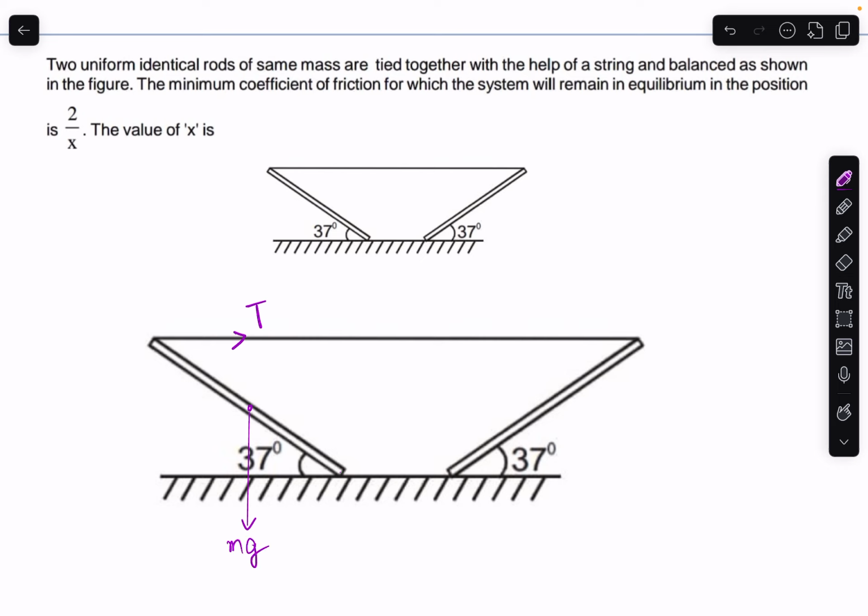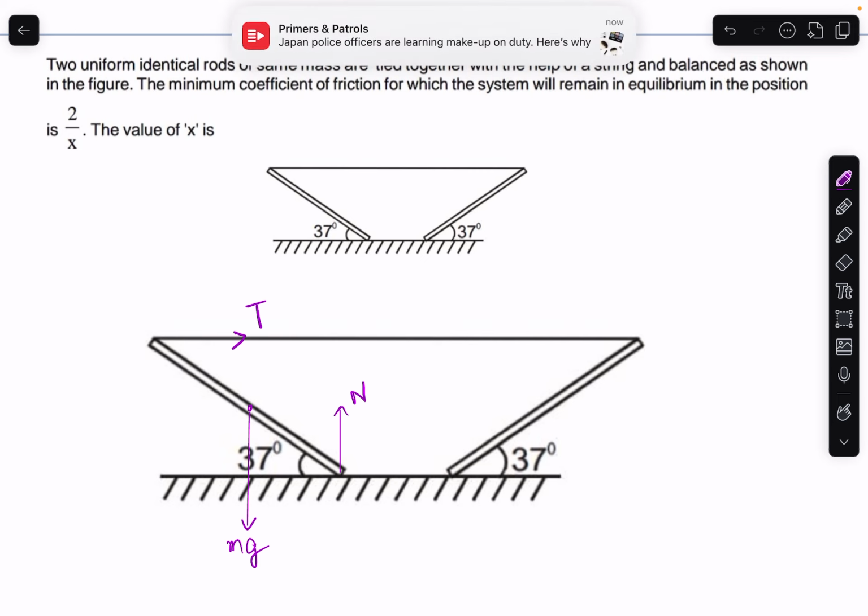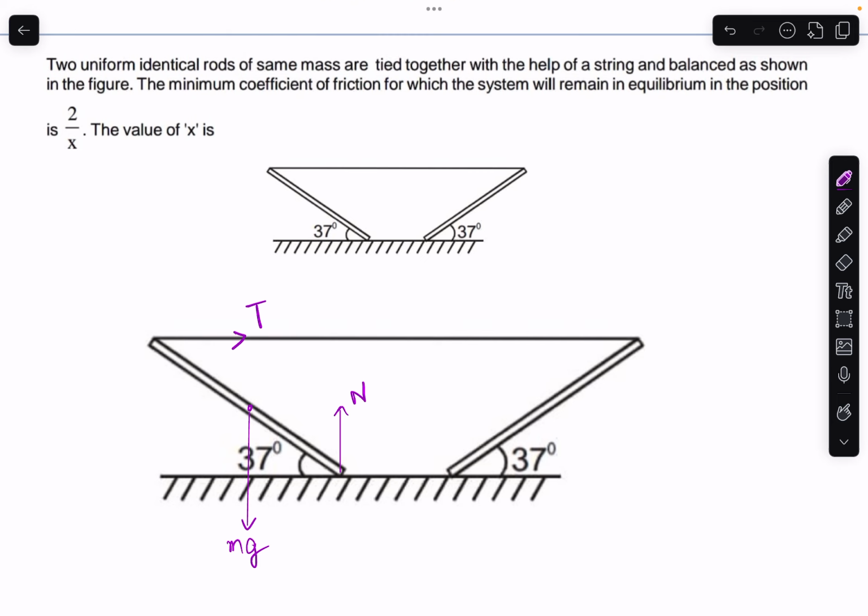There will be a normal reaction where the rod is making contact with the ground, and since the rod is in equilibrium, if you only concentrate on the rod's equilibrium, since the tension force is acting towards right, the friction force provided by the floor on the rod at its contact will be acting towards left like this.